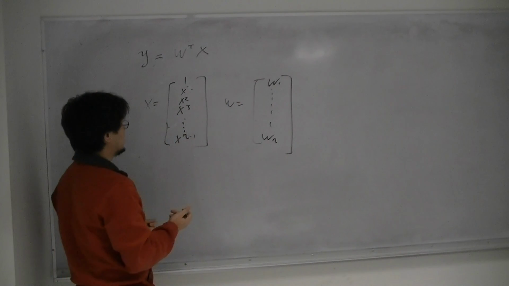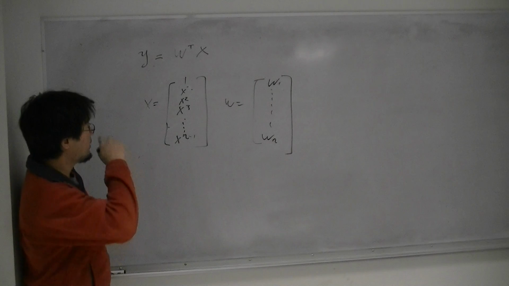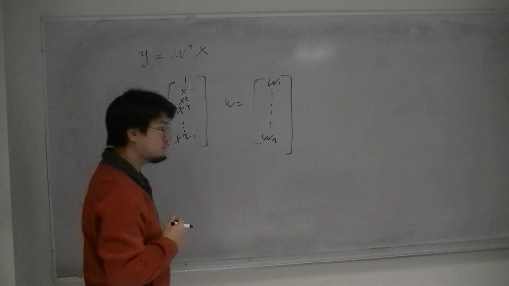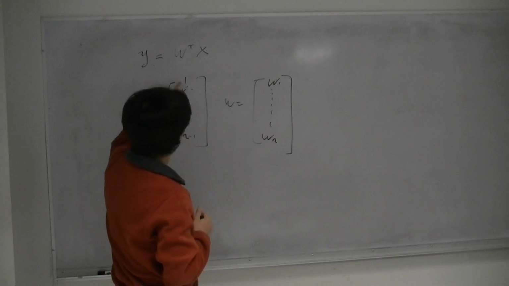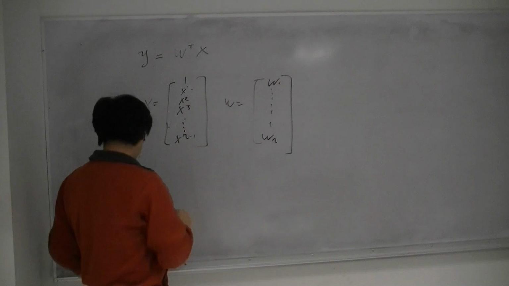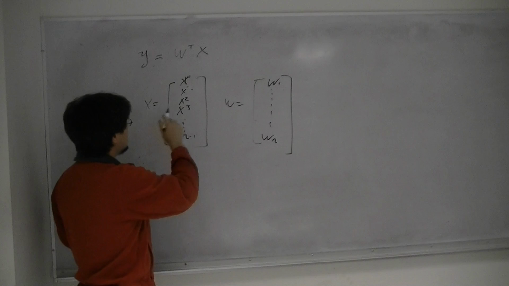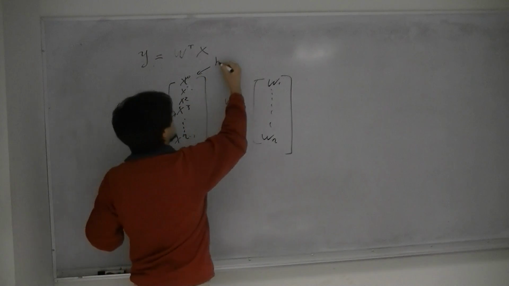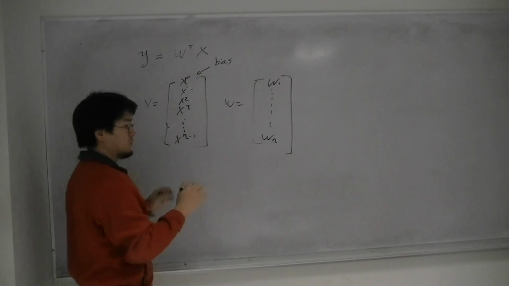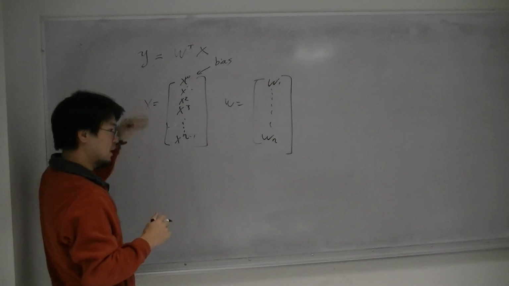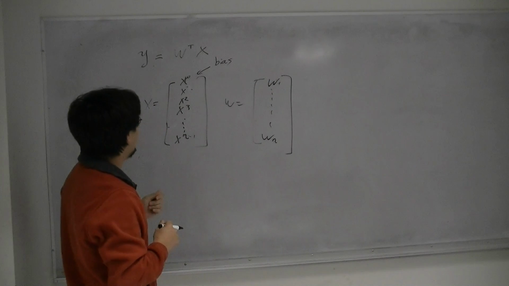You take the summation, which is equal to y. The first one you can think of as x0, and sometimes people call it bias, which moves your x, y up and down.